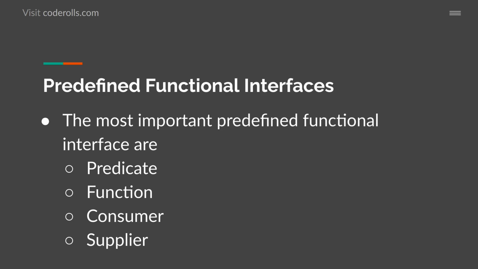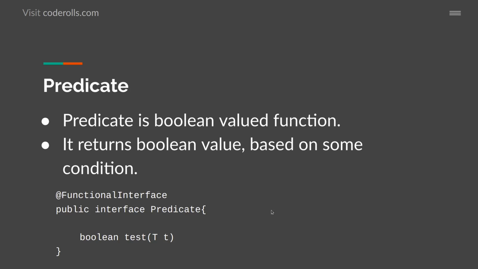In this particular video, we will see the predicate predefined functional interface. Predicate is a boolean valued function. It returns a boolean value based on some condition. So we will be providing a condition to the predicate and it will do the conditional check and return the result, which will be boolean, either true or false.